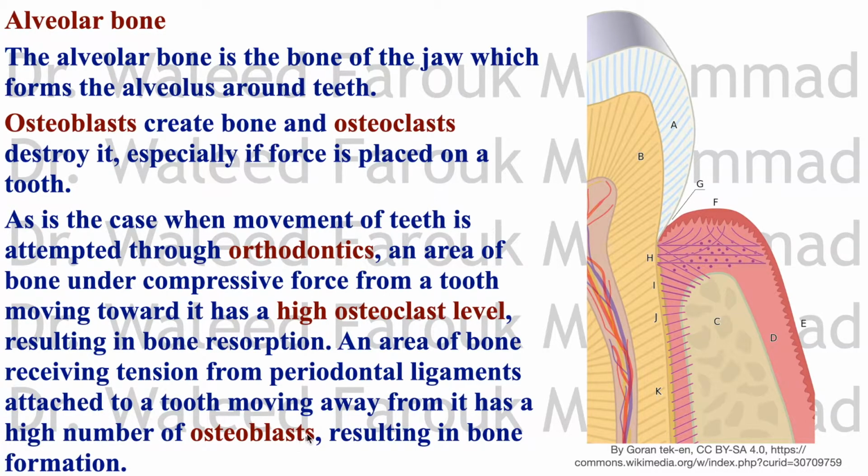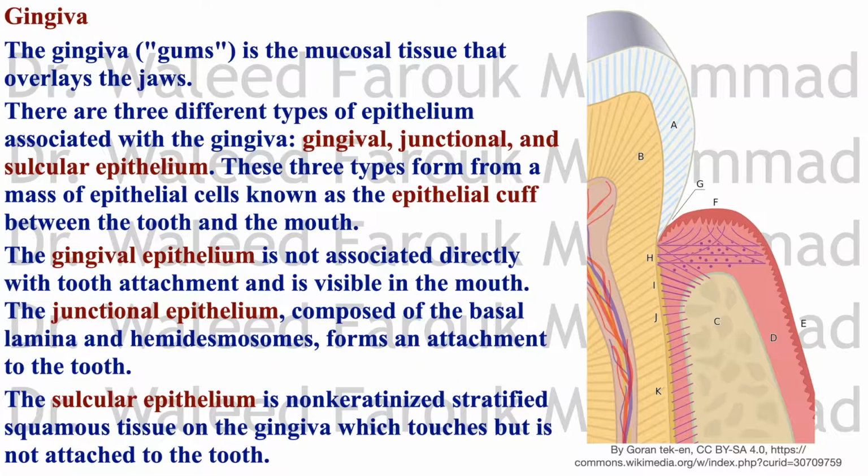This results in changing the direction of the tooth over time when applying such orthodontics. All this explains the role of the periodontal ligament in fixation of the tooth.